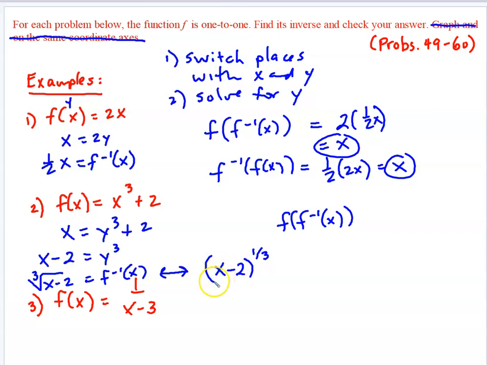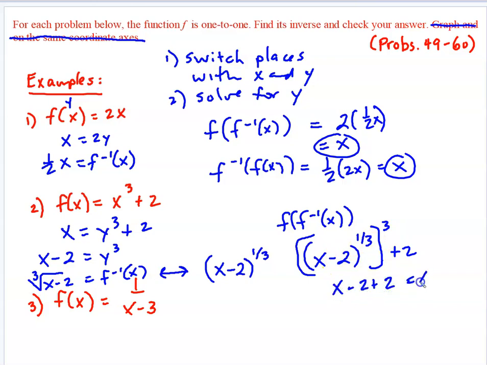So here's the inverse, and I'm raising that to the 3rd power, plus 2. So these two basically wipe each other out, becomes x minus 2 to the 1st. And that equals x, so we're good there.